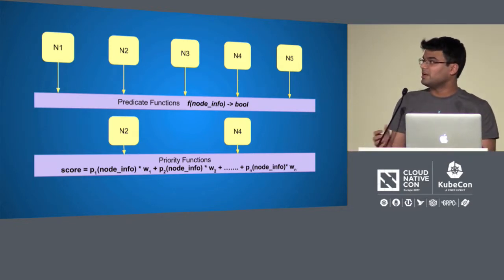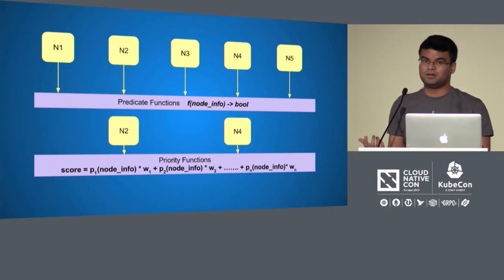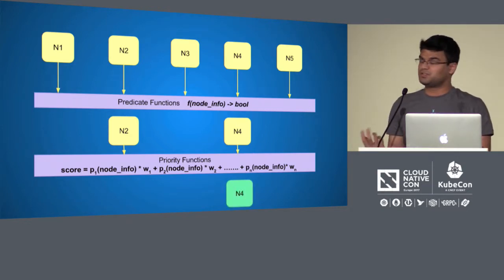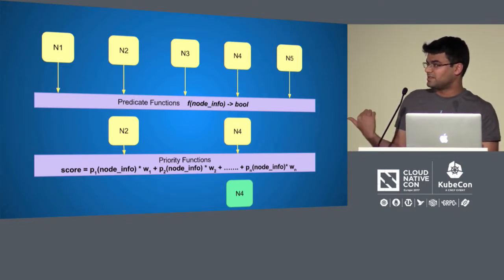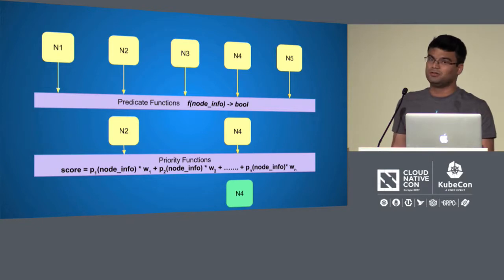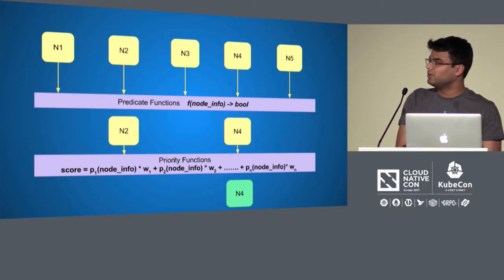Ultimately, for each of the nodes, we take a weighted value by running it over all the priority functions, and then we sort the weighted scores of all the nodes, and we take the topmost node. In this case, the scheduler applied those priority functions on N2 and N4, and it found that N4 is more suitable for scheduling that particular container. I think it's pretty simple and straightforward what it's trying to do.